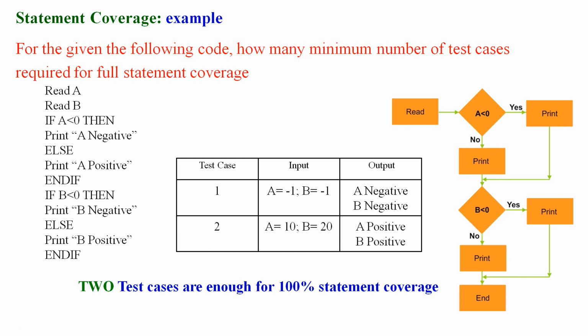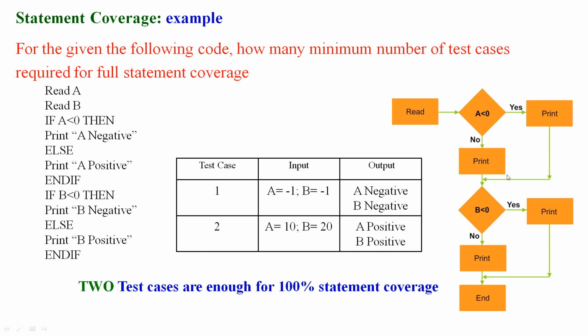Now I am assigning the second set of variable values. I have assigned the value 10 for variable A and the value 20 for variable B. Now, read A value and B value.